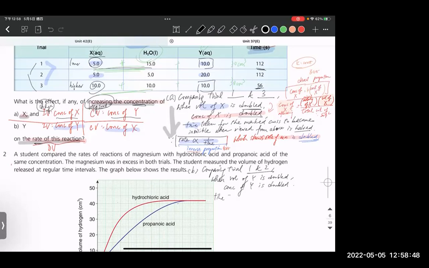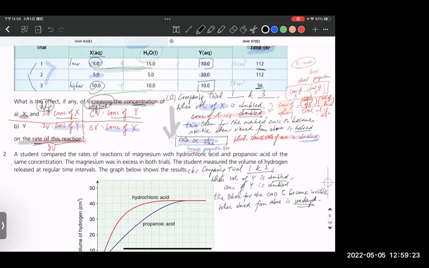The time taken for the cross to become invisible when viewed from above is unchanged. Yes, it's unchanged.